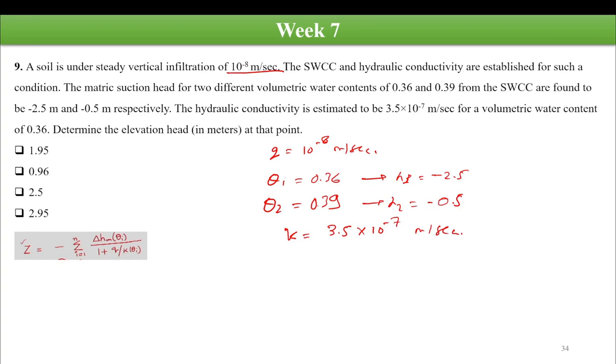We'll be using this expression, which we have seen earlier, to determine the elevation head: Z is equal to minus summation i equal to 1 to N of delta Hm, which is dependent on theta i, upon 1 plus Q upon K at the particular theta i. We have solved one numerical on this earlier, taking different intervals in the head variation. You can try solving this question, and then I'll be solving this one.